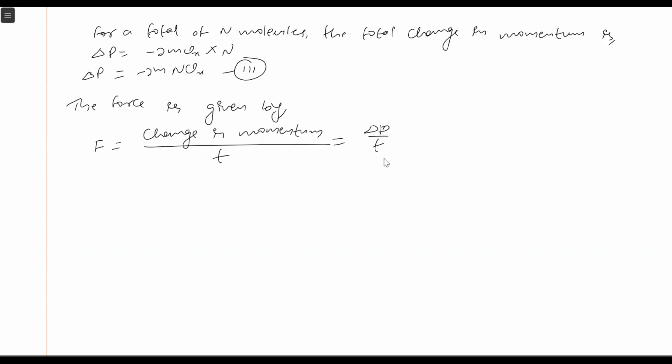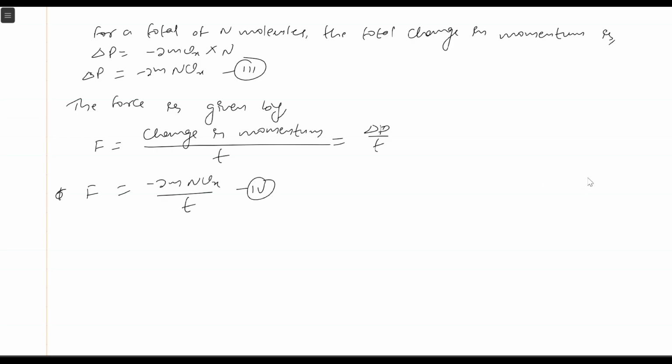So the force is given by del p by t, right? Let's put the value of del p. What is the value of del p? From equation 3 it is minus 2 m n vx by t. This is the formula for force. Let's consider this to be equation number 4.